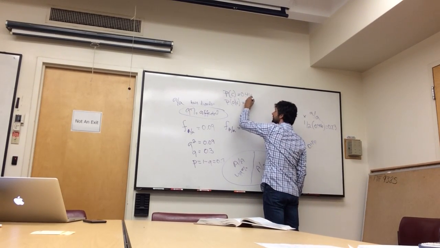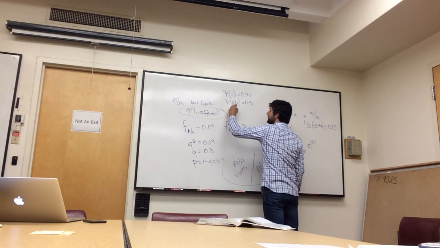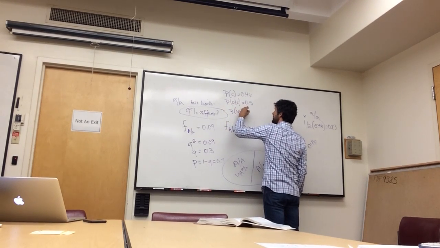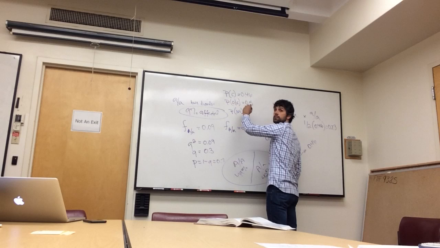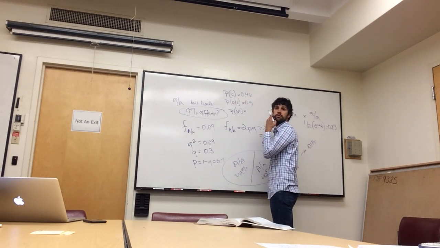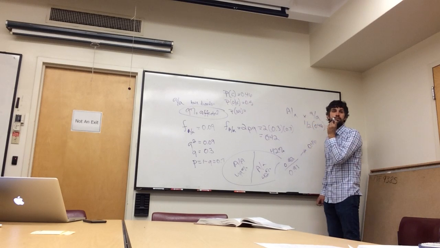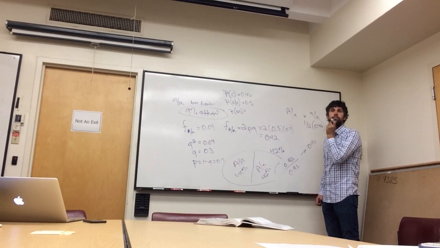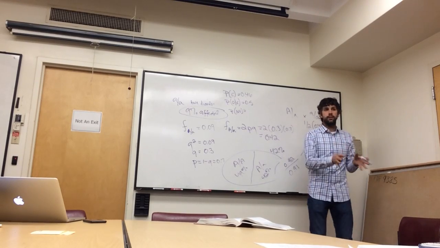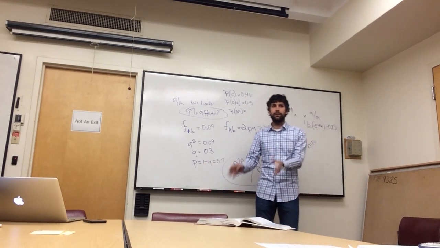Okay. Cool. The probability that she's not a carrier is equal to... So she can either be a carrier or she can not be a carrier.